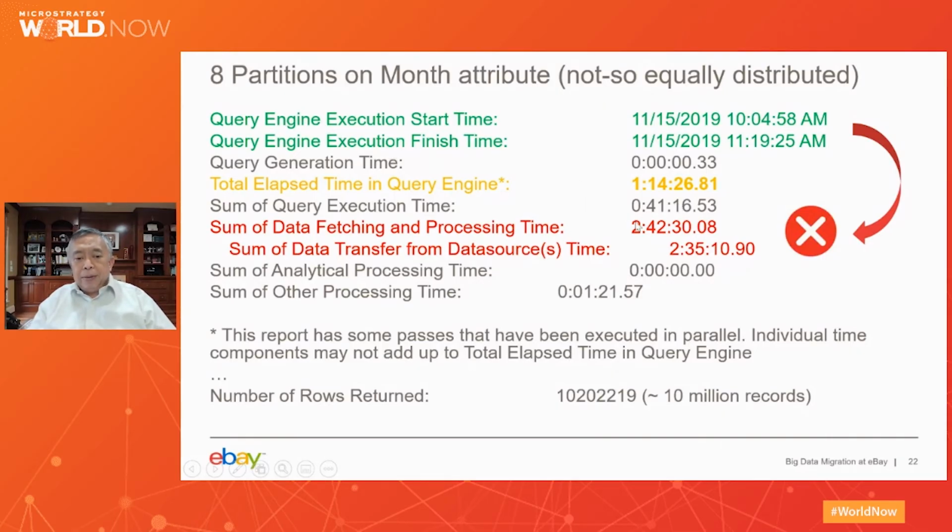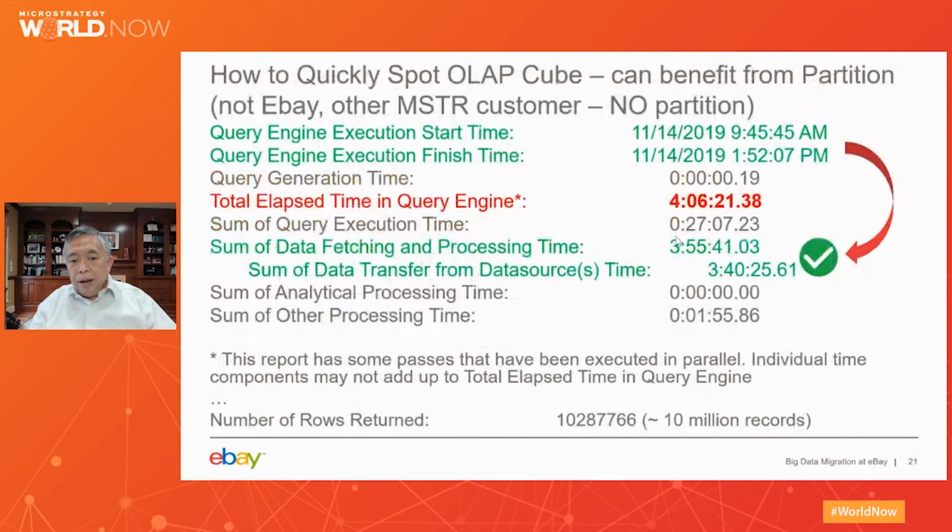This number though, the one I highlighted in red and put a cross on here, is information that you cannot trust, because this is just the summation of each individual query, even though they are executed in parallel. But let's think carefully a little bit.